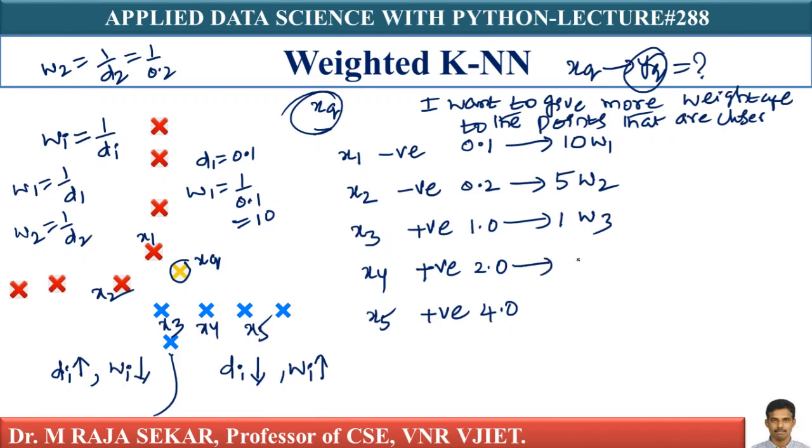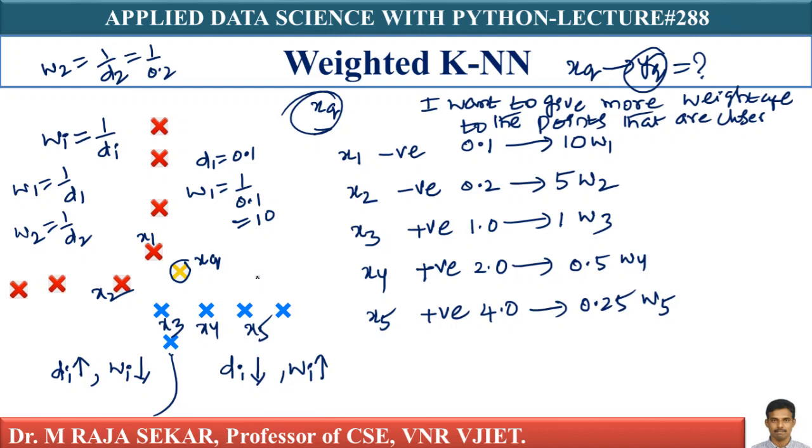This is 1 by 2, which means 0.5. 1 by 4 means 0.25. W1, W2, W3, this is W4, this is W5. Anybody can understand. Simple formula. What is my formula? Wi equal to 1 by Di. It is simple and straightforward.